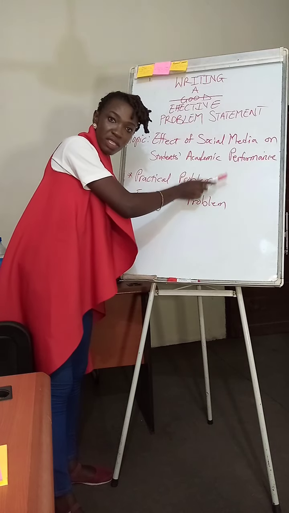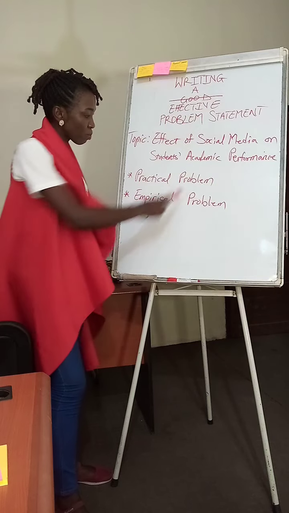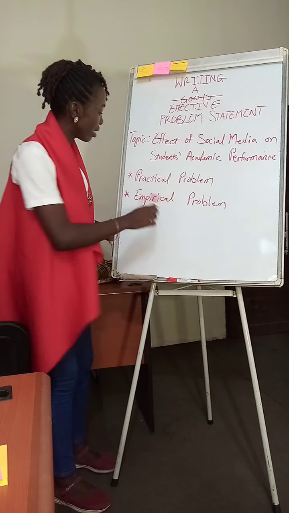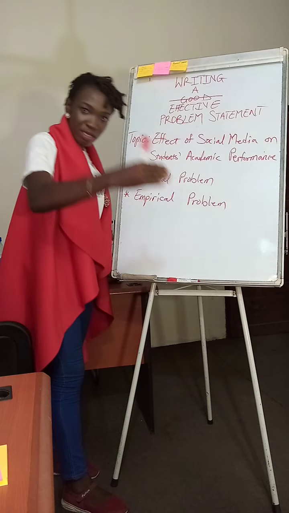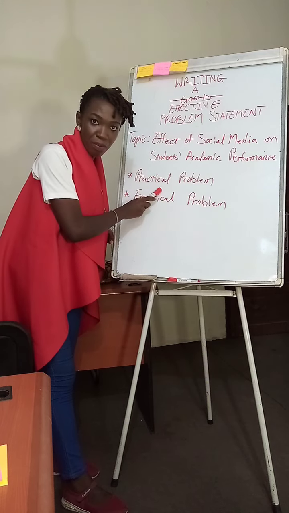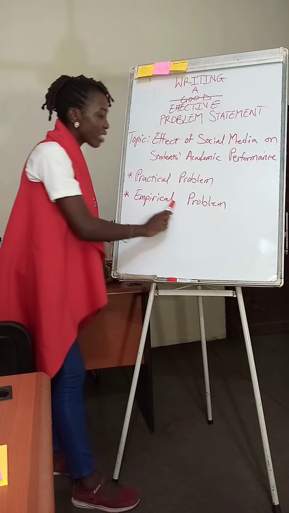The complaint was emanating from this set of people that you have identified earlier in your practical problem. So that's what I meant by the empirical problem is an advancement of your practical problem.